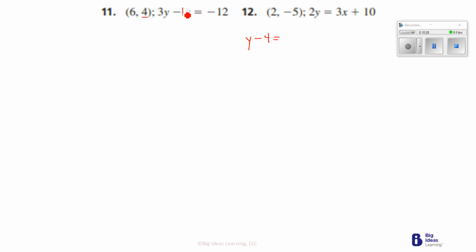Actually, wait a minute. We have to rewrite this. I almost fell for it. This is not in slope form. So when I rewrite this, I have to add x to both sides. This is going to give me 3y is equal to x minus 12.